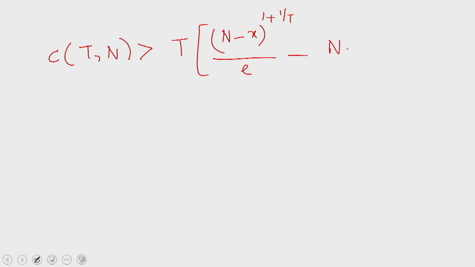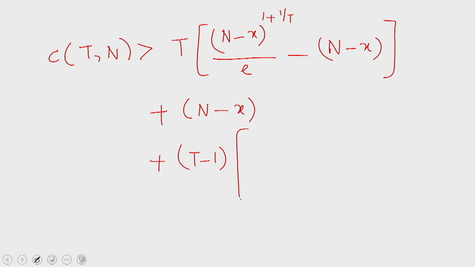What we find is that C T n is greater than t times n minus x power 1 plus 1 by t by e minus n minus x plus n minus x, and then applying the hypothesis for the third step. Simplifying this expression, we will be able to prove our claim.